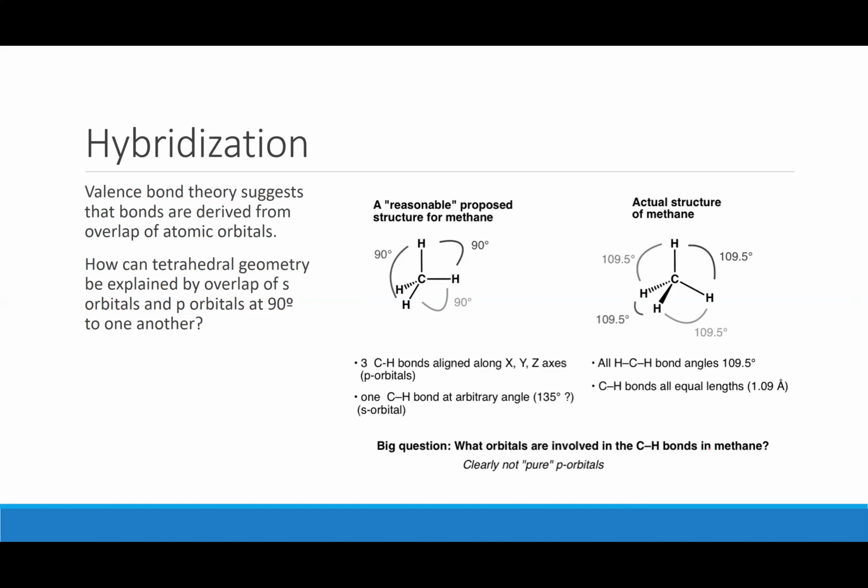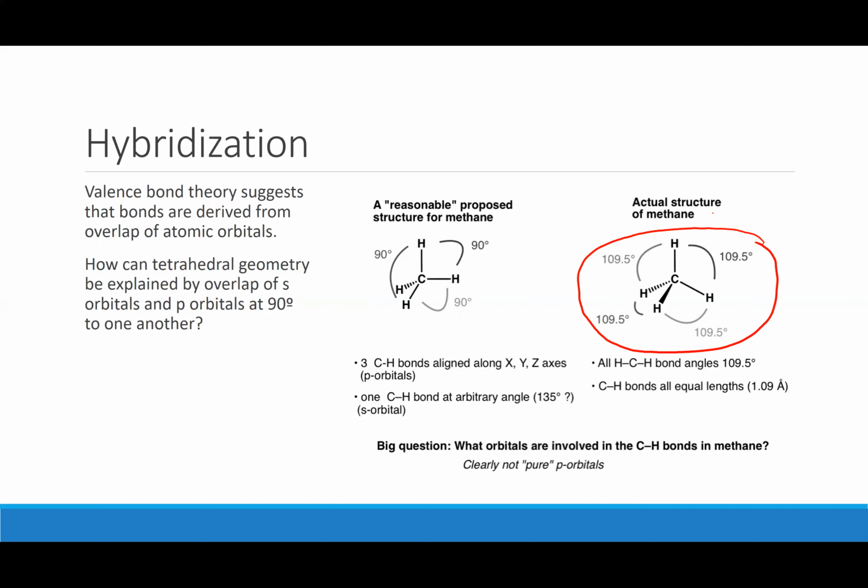But we didn't understand how the overlap of s orbitals and p orbitals can actually form the correct geometry. We know that we actually form this tetrahedral geometry where all of the carbons and hydrogens are at angles of 109.5 degrees.